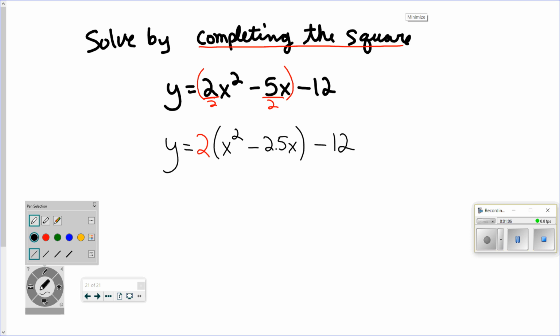Okay, so our next step then is to add in a c value to the inside of the parentheses. To get that, you take your b value divided by 2 and you square it. So we're going to be adding a new c value on the inside of the parentheses. This is the b value that we are using, not the original one from up top. So c is negative 2.5 divided by 2 squared.